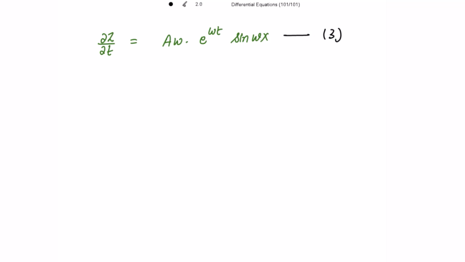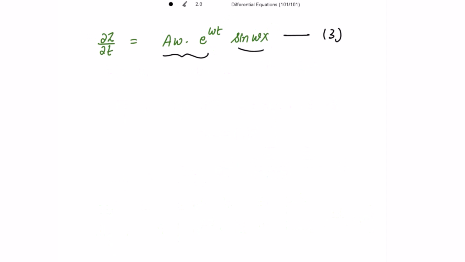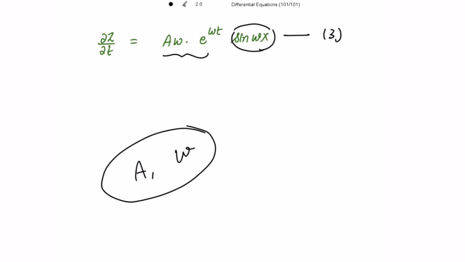Now if you notice, I'm having in equation 3 aw e to the power wt to be the same as in equation 2. Only I'm having the difference of cos wx and sine wx. I need this to be the same so that I can eliminate a and w both. What to do now?